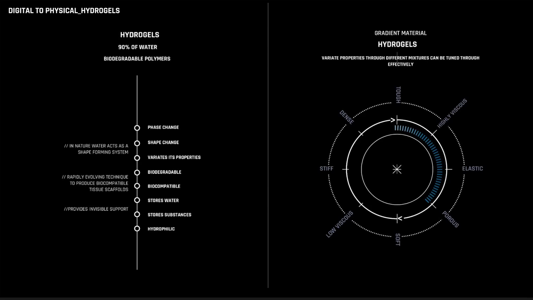When these mixtures are tuned effectively, they are biocompatible and biodegradable. They can store water, they can store substances, and they are hydrophilic. So again, we could imagine a gradient of hydrogel, varying its properties according to toughness or softness, porosity or density, elasticity or stiffness, and high viscosity or low viscosity.